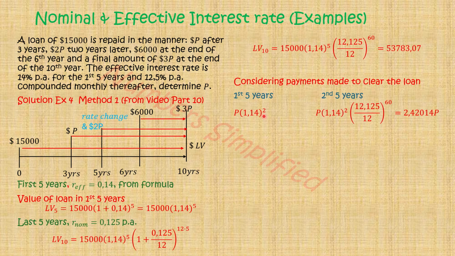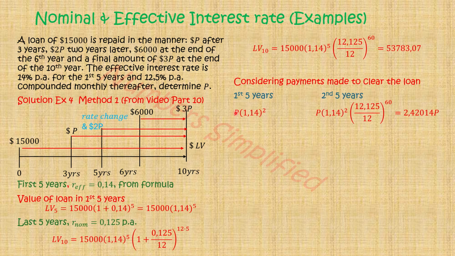That is to say, we are going to have 1.14 raised to the power 2. And that 1.14 is what we got from the first 5 years. Recall how we obtained LV5? That is where we got the 1.14 and raised to the power 2 because we only have 2 years to go. So implying that that particular payment P is going to accrue 2 years interest in the first 5 years.